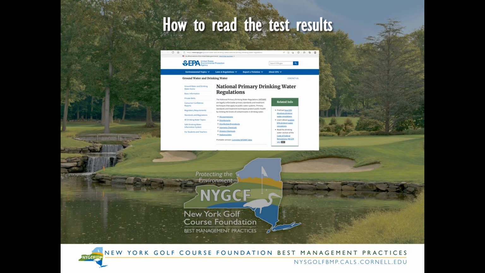This will be based on your goals for your program, such as a comparison of monitoring points entering the site with those leaving the site to determine if your golf course maintenance practices are having any impact on water quality, or a comparison of results over a period of time to determine trends, or a comparison of results with an acceptable range of values as determined by DEC or EPA standards.